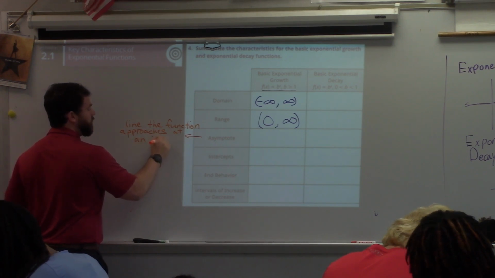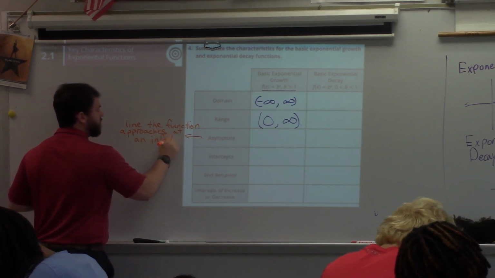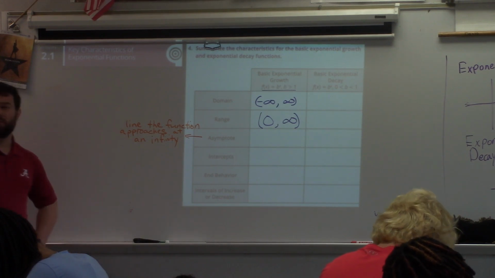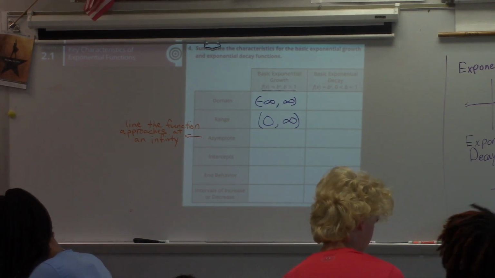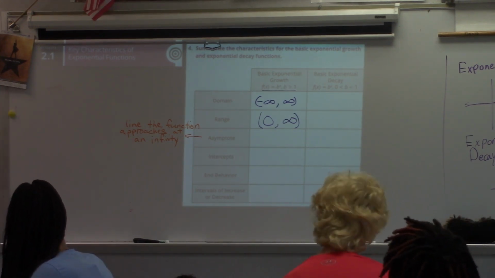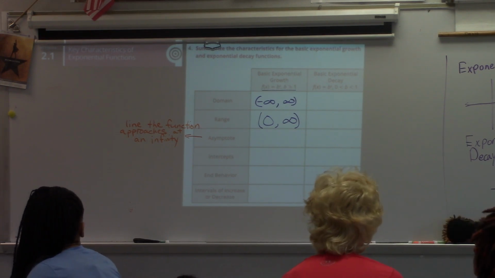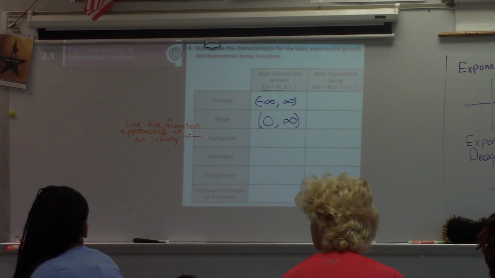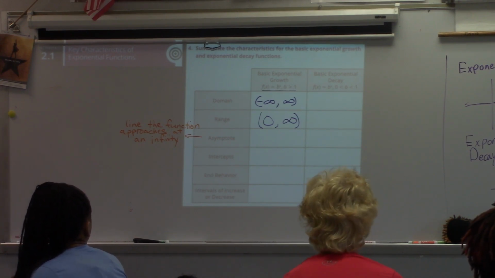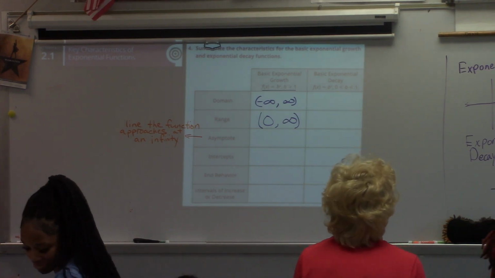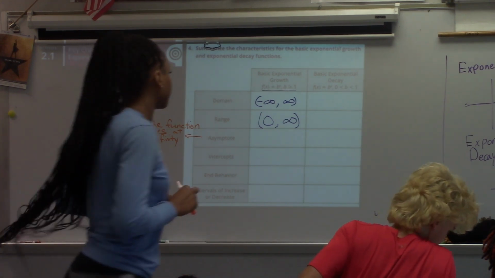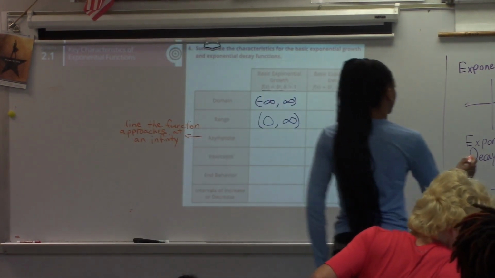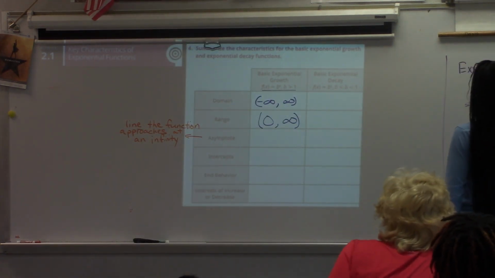That could be a positive or negative infinity. So can I get someone to come up and circle where we think on the exponential growth that we have an asymptote, a line that that function is approaching? Go up to that exponential growth. Where do you see a line that that exponential growth is approaching?